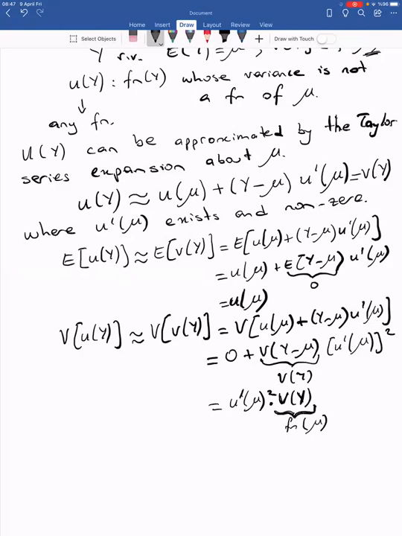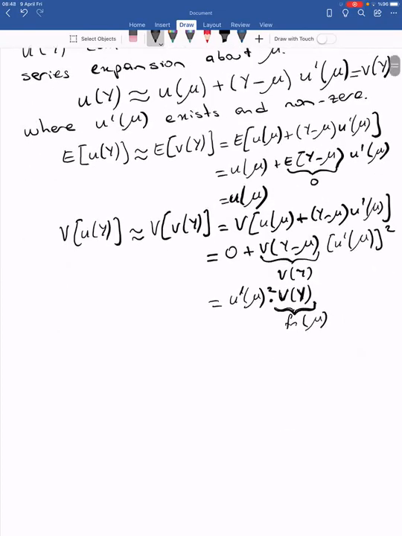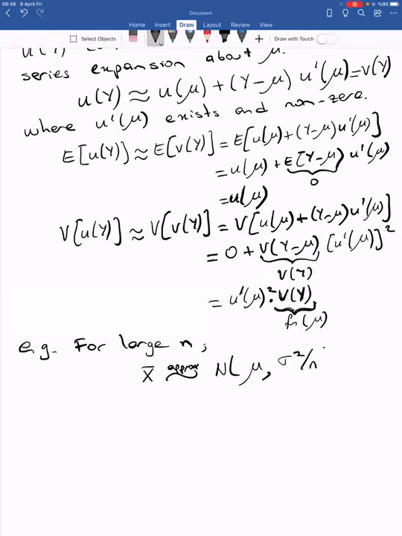So let's see an example. Maybe with an example we can understand it better. First of all, for example, for large n, this is true for any distribution basically, the sample mean is approximately, by the central limit theorem, normally distributed with mean mu and variance sigma squared over n.